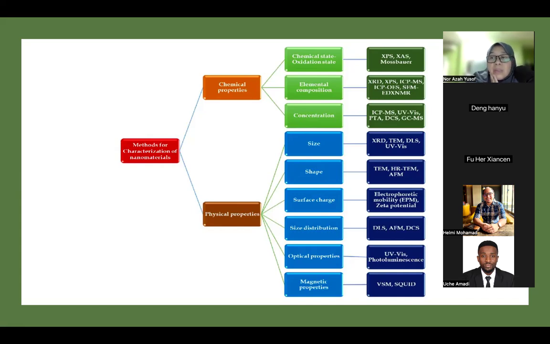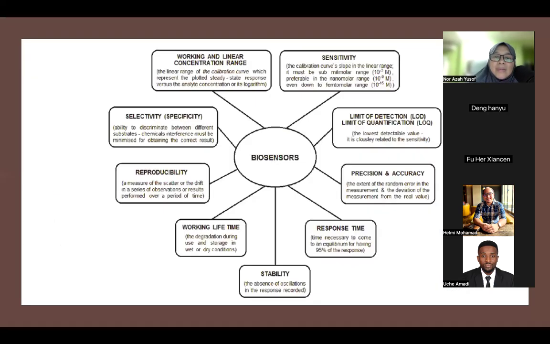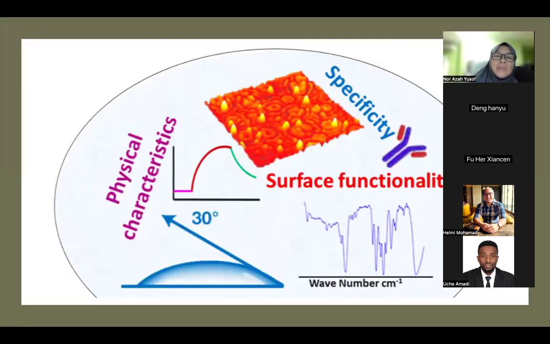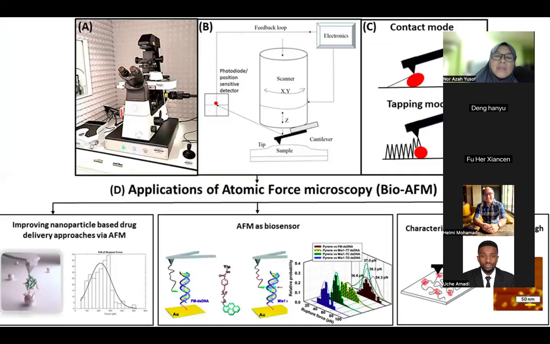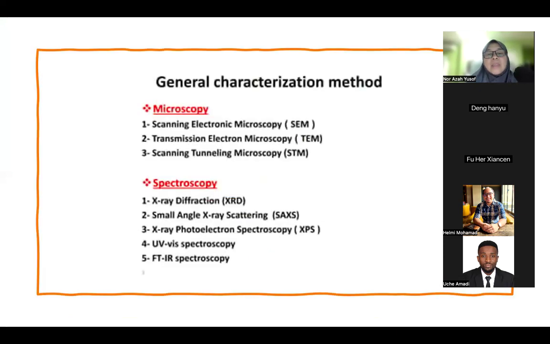Magnetic properties are usually not needed, but if you are working with magnetic nanoparticles, then you have to do the magnetic properties. So this has to be done before the characterization, confirmed on the surface, and this one on the material if we are using some types of material.